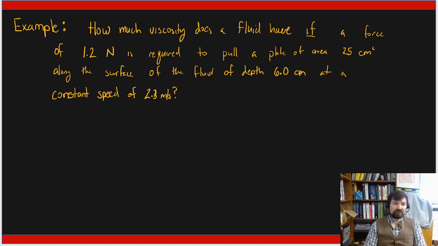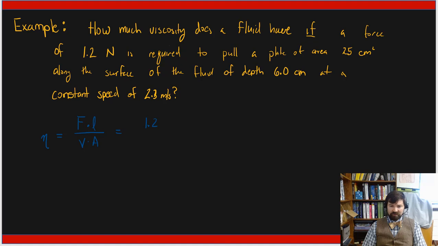So to solve this, your coefficient of viscosity, eta, is again going to be the force that we're dragging with times the depth of the fluid, L, the length between the plate and the bottom of the fluid essentially, divided by the speed that you're dragging at times the cross-section area.